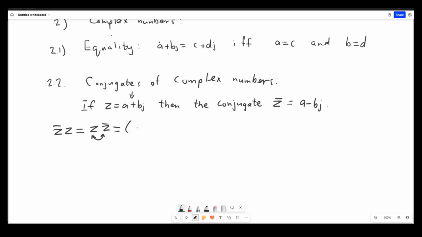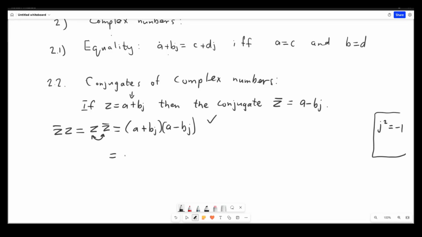So if you want to do that multiplication, it's a minus bj, and let's do that multiplication. I'm going to do the standard multiplication that we use for real numbers, okay? Of course, we already know now that j squared is equal to -1, so when we do this multiplication, we take note of the fact that j squared is -1.